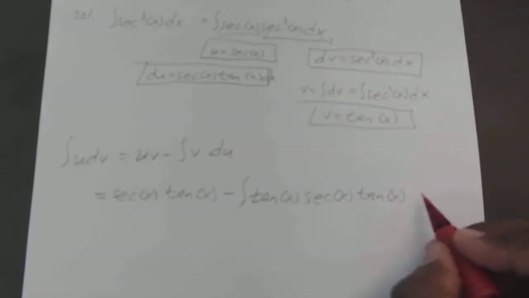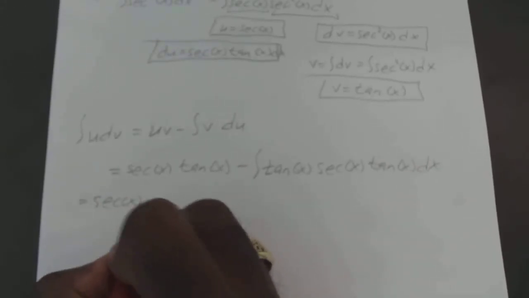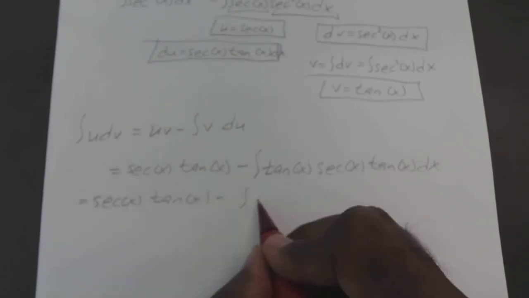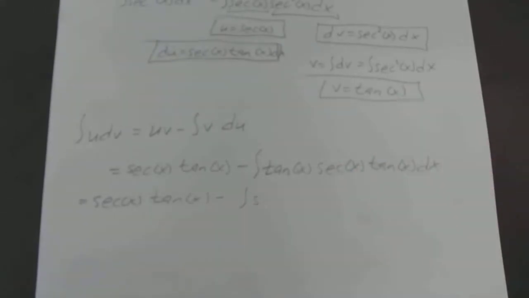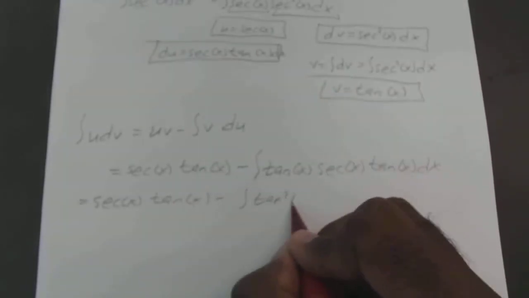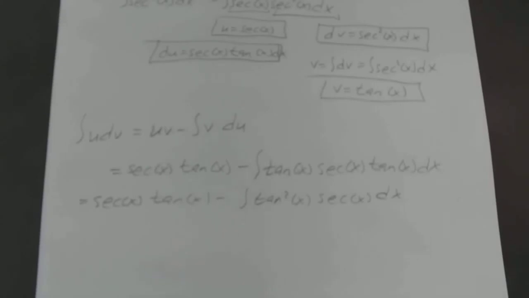Oops, should be a dx right there. All right, so we can go ahead and just combine those two. Minus tangent square x secant x with respect to x.